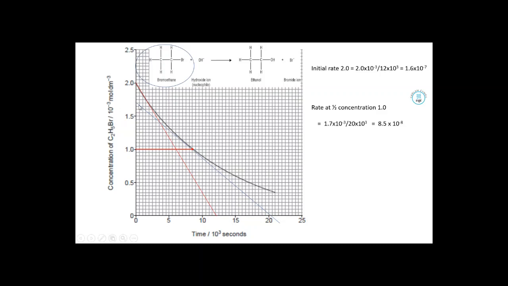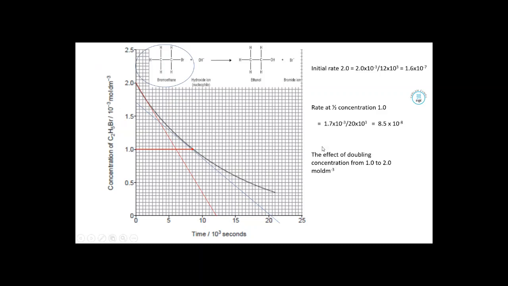I've gone from 1.7 times 10 to the minus 3 down to 0, and that took 20 times 10 to the 3 seconds. So that works out my rate there. Just recapping, I've worked out my rate from the initial rate where the concentration was 2, and I'm looking at my rate when the concentration is half that value.